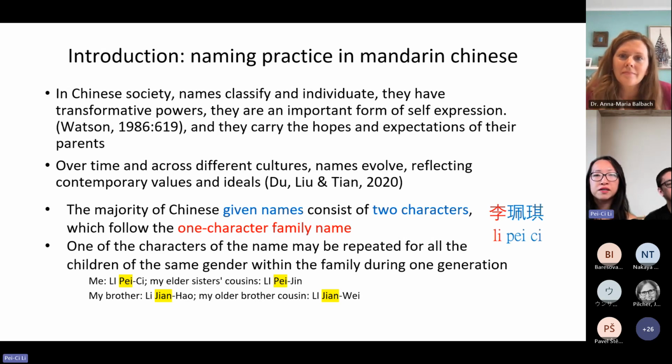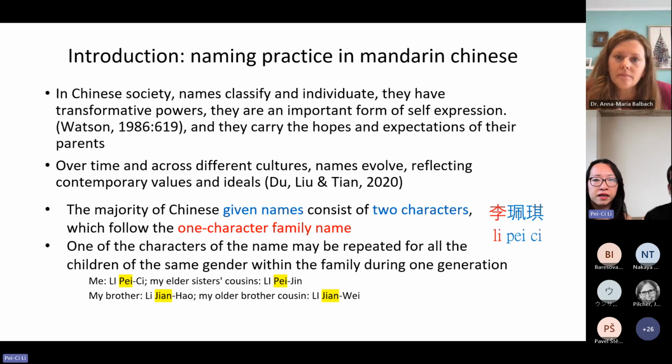Okay, so in Chinese society, names classify and distinguish individuals, and they have transformative powers. They are also an important form of self-expression. Over time and across different cultures, names undergo changes and they mirror the prevailing values and ideas of their respective eras.